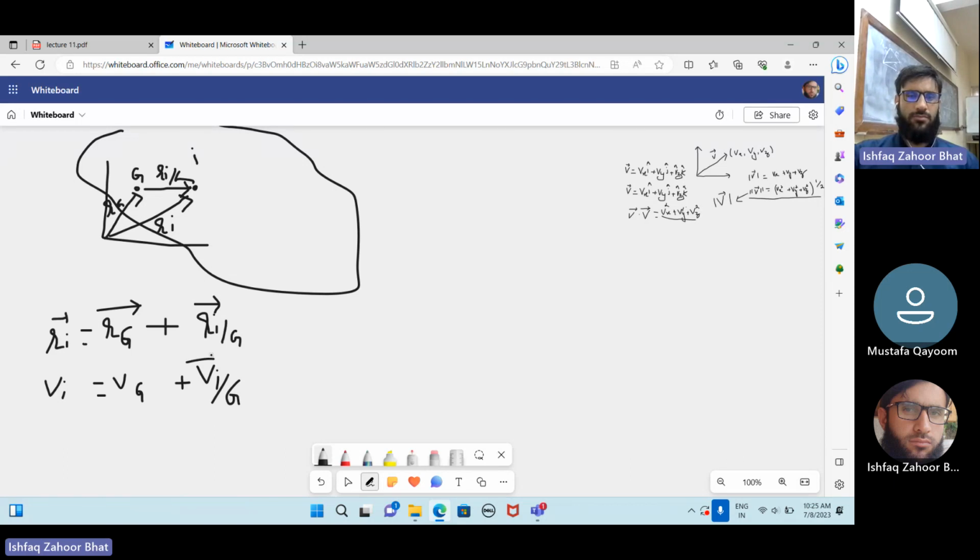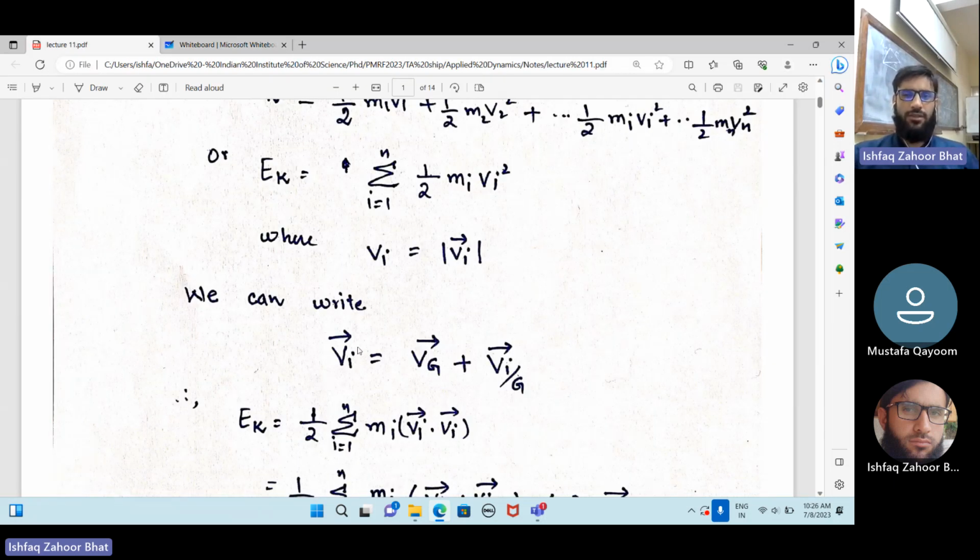Okay, this is so simple, nothing new here. So we can write this V_i, that is the velocity of the ith particle, like this.